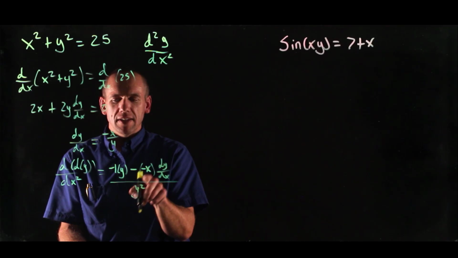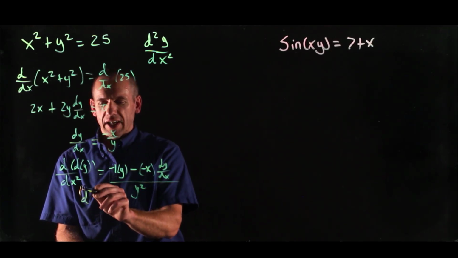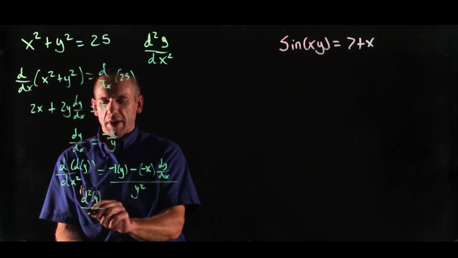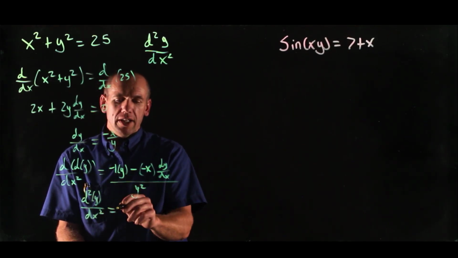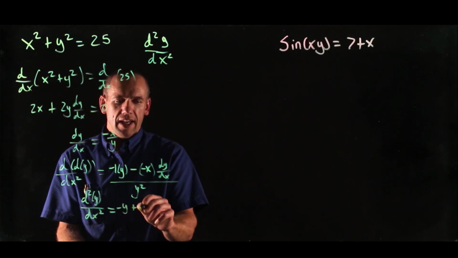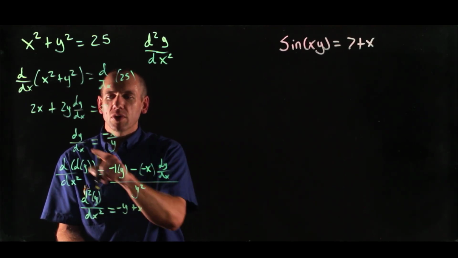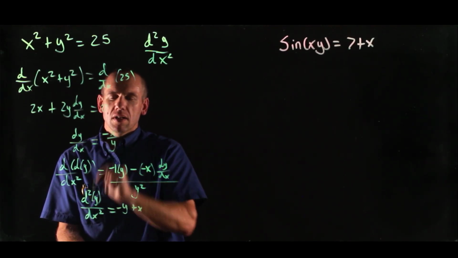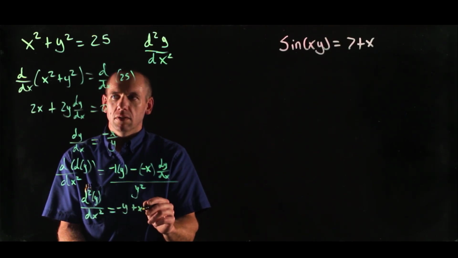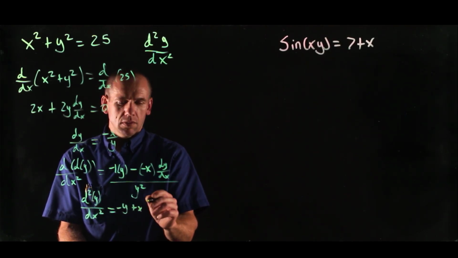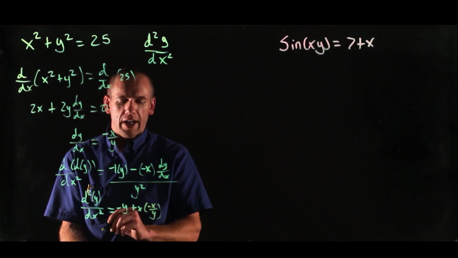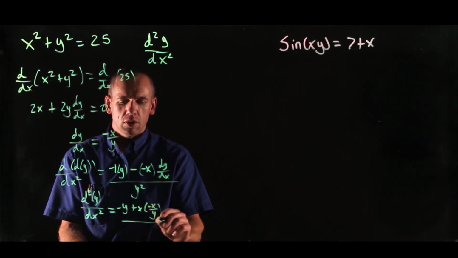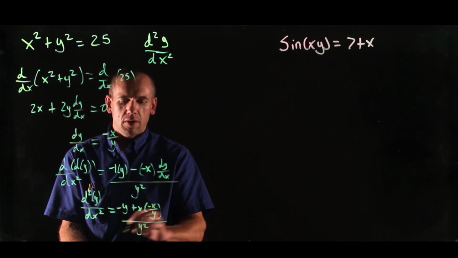Well, this looks messy, but over here I have the second derivative of y with respect to x equals negative y plus x times dy dx. Well, dy dx is negative x over y, times negative x over y, all over y squared.